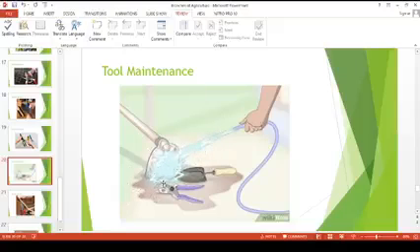We can actually maintain a hoe by cleaning it, right? And there's again a garden trowel here, so you can also maintain it by cleaning it. So all the digging tools, because they get in contact with soil, need to be cleaned, and that's one way of maintaining the tools.